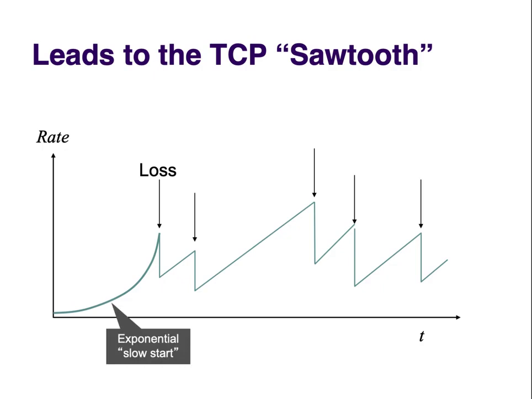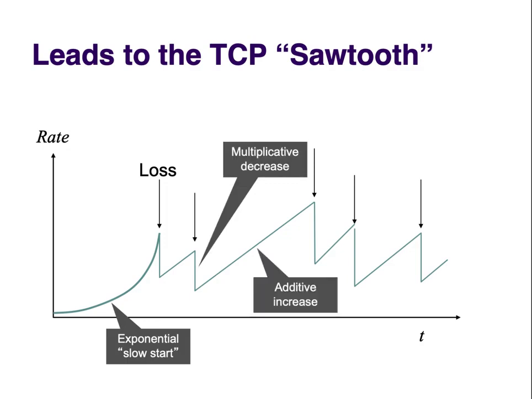So you're exponentially increasing your rate until you have a drop, at which point you multiplicatively decrease your rate, so you get this line coming down. And then you increase your rate additively, so you're linearly increasing your rate until you get another loss event, when you cut down again multiplicatively and then increase linearly and drop. So you get what people call a sawtooth looking graph. Any questions?